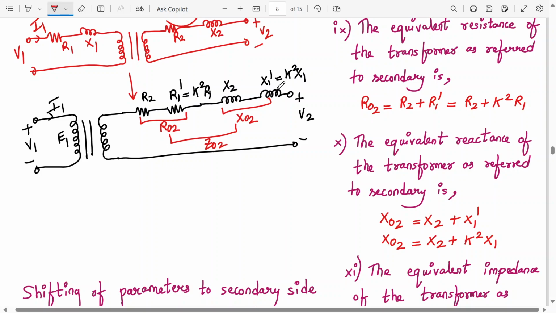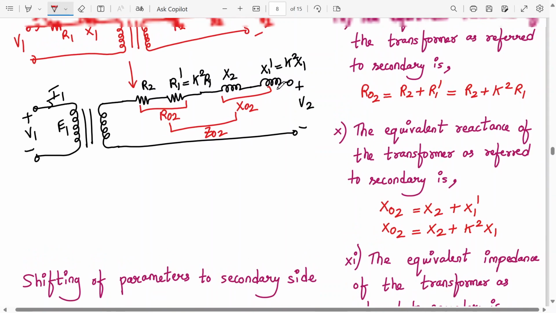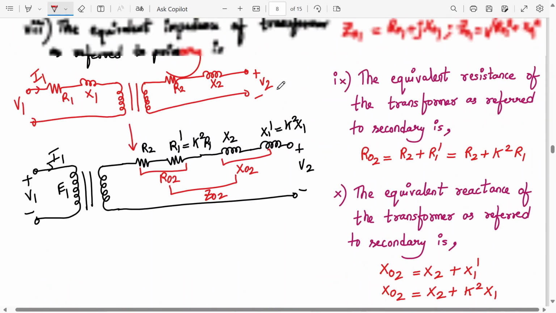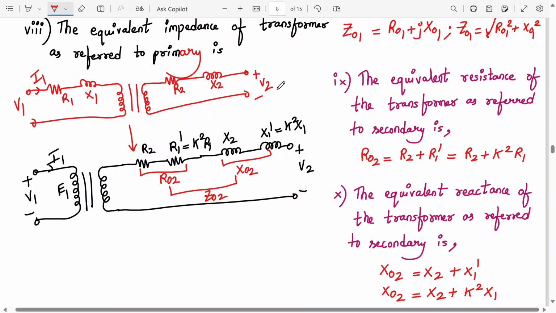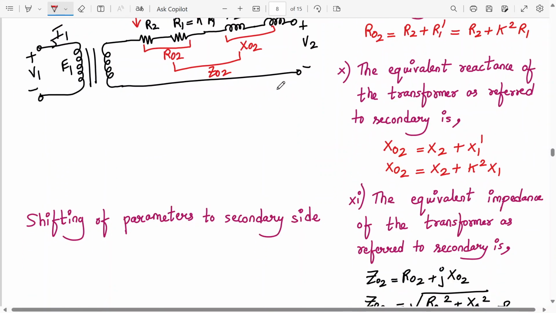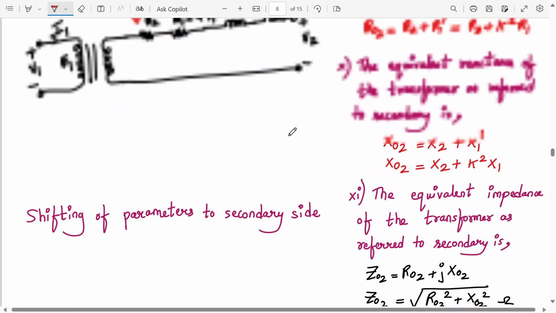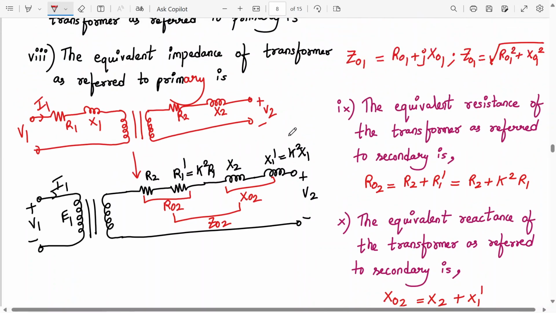So this is the shifting of parameters to the secondary side. So the equivalent impedance ZO2 will be RO2 plus JXO2, or ZO2 square will be RO2 square plus XO2 square. So this completes the topic of equivalent resistance.